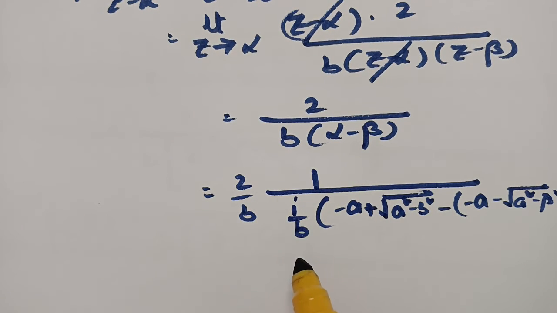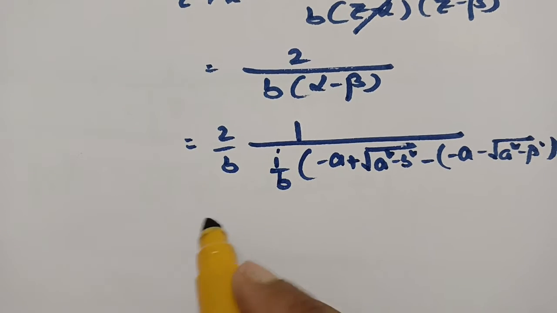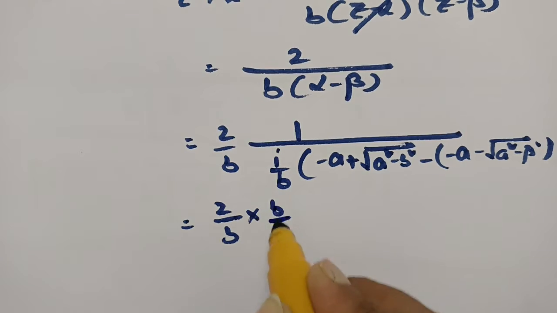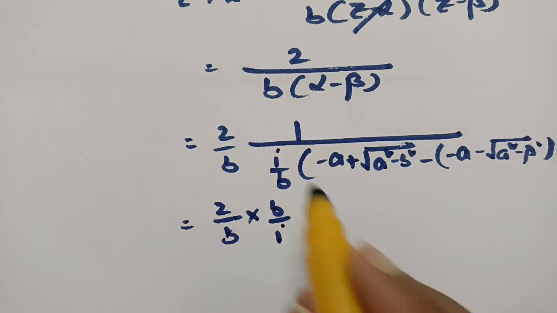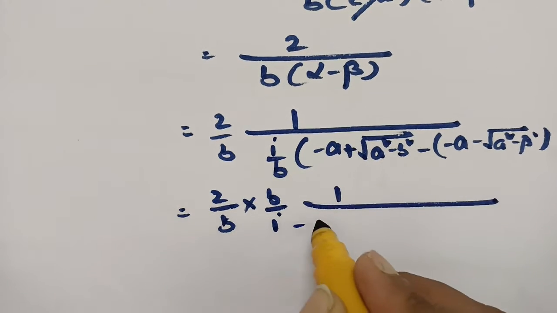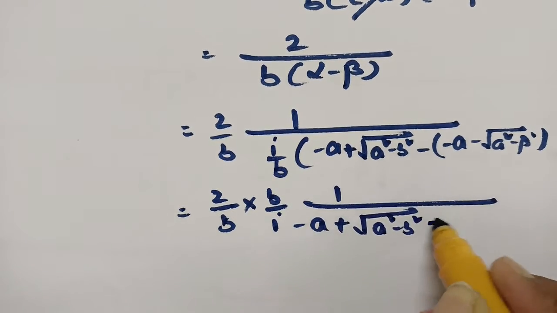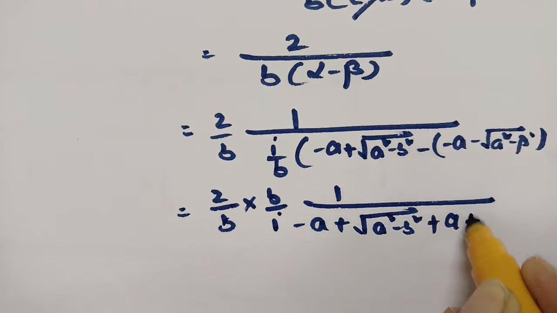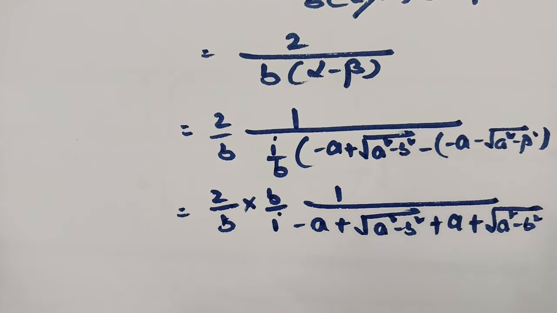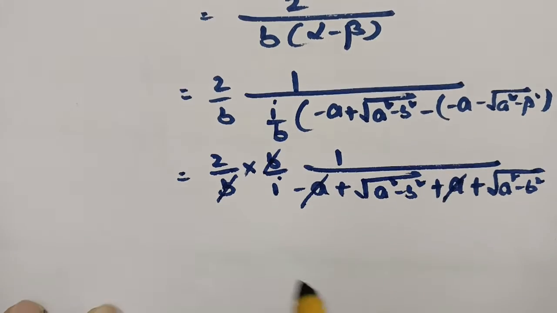So after taking i by b common, this is 2 by b times b by i after sending to the numerator. So this value will be minus a plus root over a square minus b square, minus of minus a minus root over a square minus b square. So now I can cancel these two, b also got cancelled.